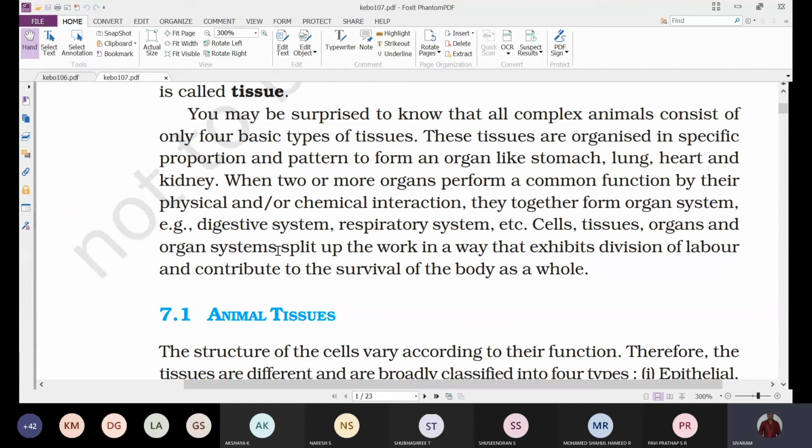Why has this been grouped? To split up the work in a way that exhibits a division of labor and contributes to the survival of the body as a whole. In unicellular organisms, all the functions are carried out by a single cell.